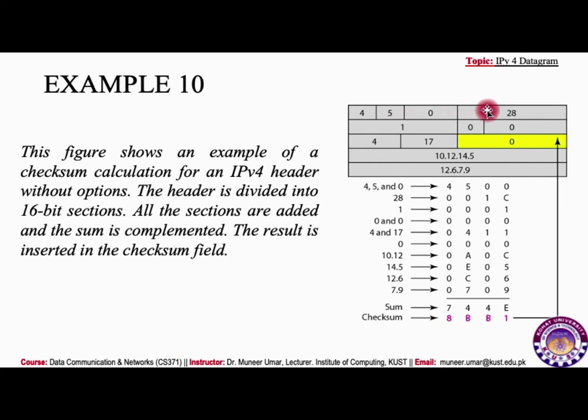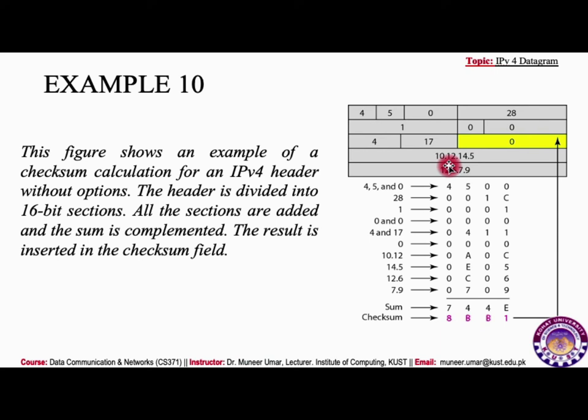Like here we have 32 bits, then 32 bits, 32, 32, 32. But in fact, for checksum, we need 16 bits. So we are going to take 16 bits from here, 4, 5, and 0, convert it into hexadecimal, then 28, convert it into hexadecimal, then here 16 bits, 1, this one is converted. Similarly, all these values are converted.